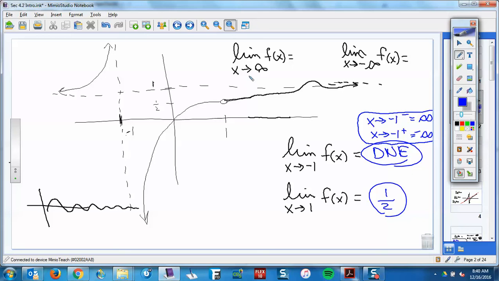We're just talking about x going out to infinity. So the car that's going way out here, what's it approaching? 1. As you go way, way out here, your y values are getting closer and closer to 1. And so we say that is 1.